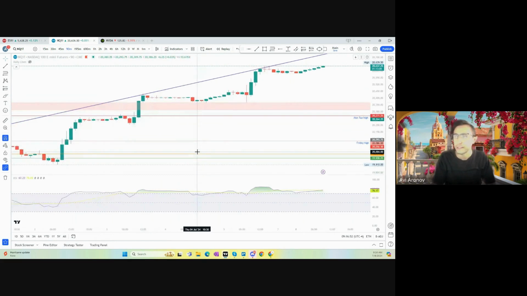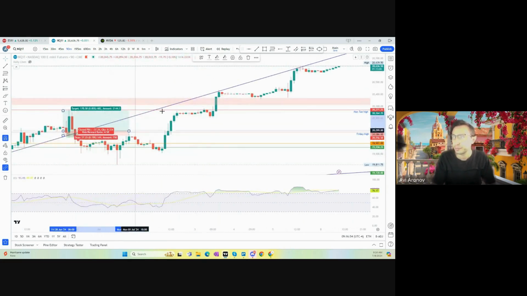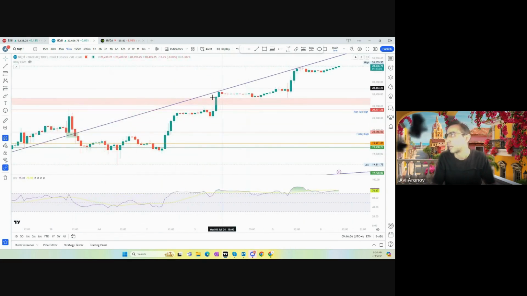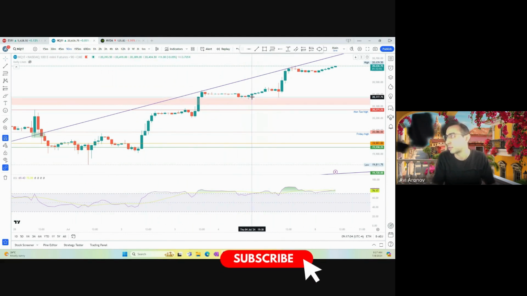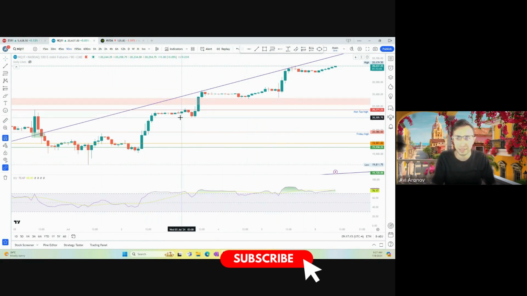On Friday, I actually had a crazy scenario. I was planning to take a trade here, and it literally got to my area, and on a retest of here, I wanted to enter, and all of a sudden my computer got fried. I have no clue what happened.